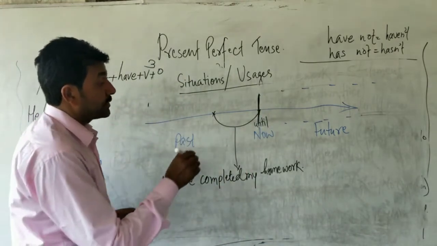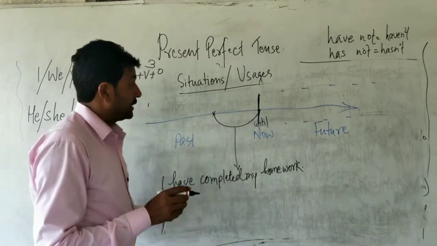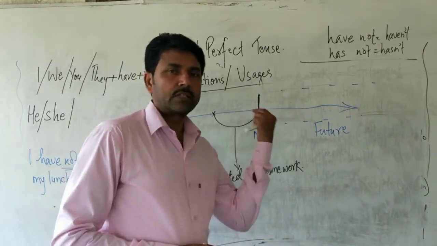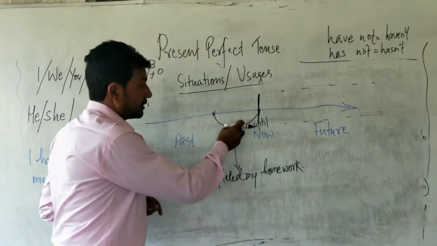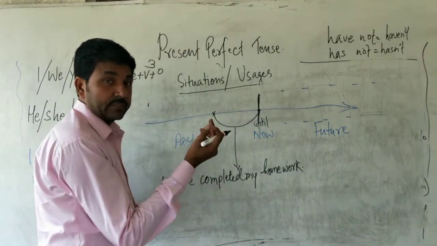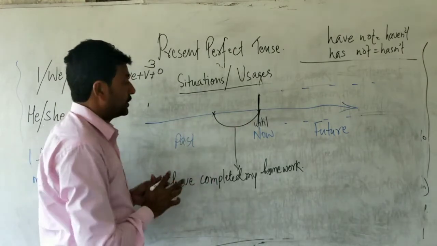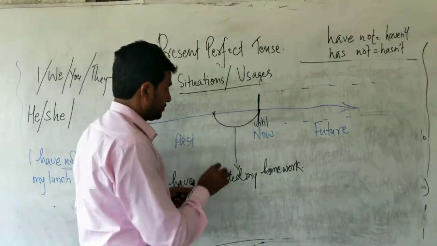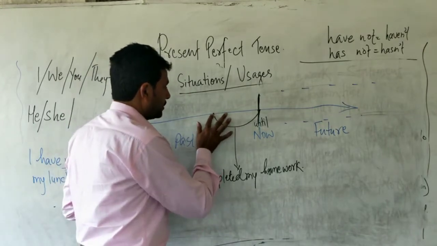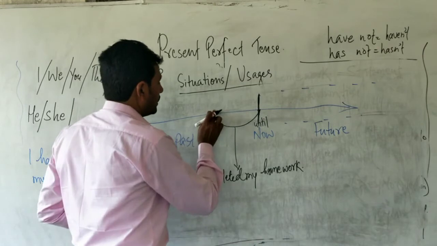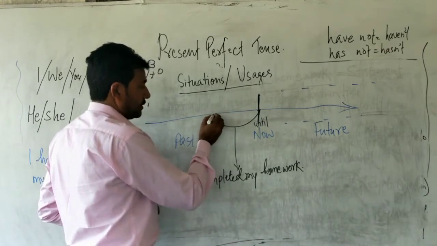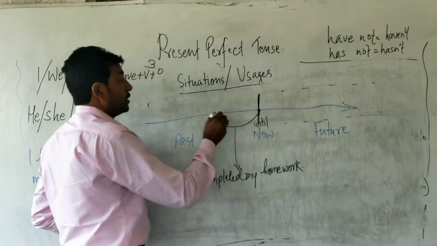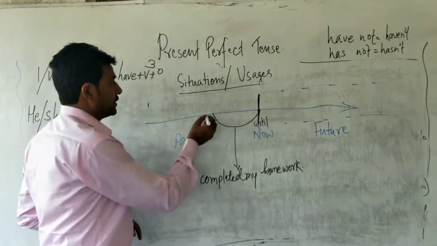But if we know the exact time, for example, yesterday or 2 hours ago, then this diagram will change. It will become something else, because your sentence will be here. It started here and finished here. But when we know the time, then it will be in the past.